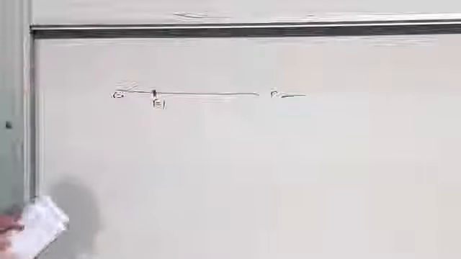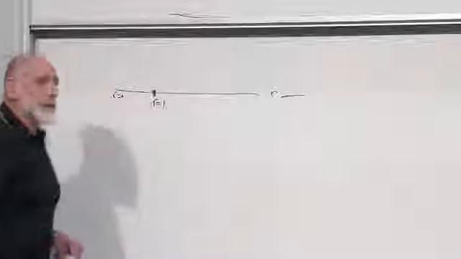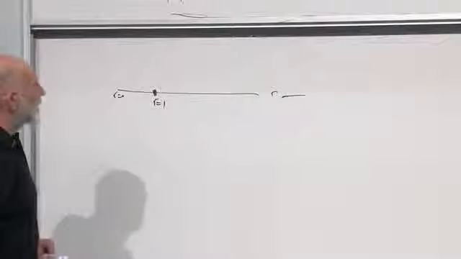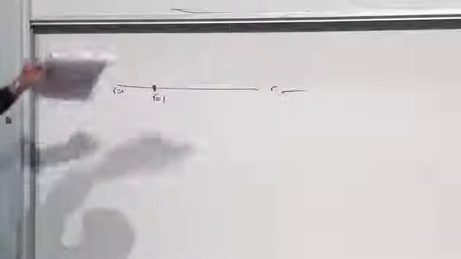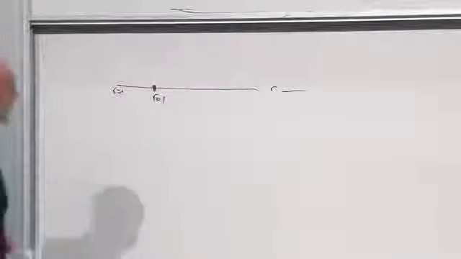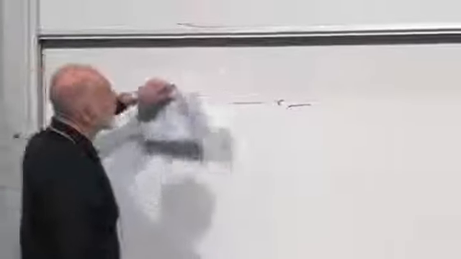And I want to invent a new coordinate which is just proper distance from the horizon, distance measured from the horizon. All right, how do we calculate the distance from the horizon? Let's go back to this formula up here.